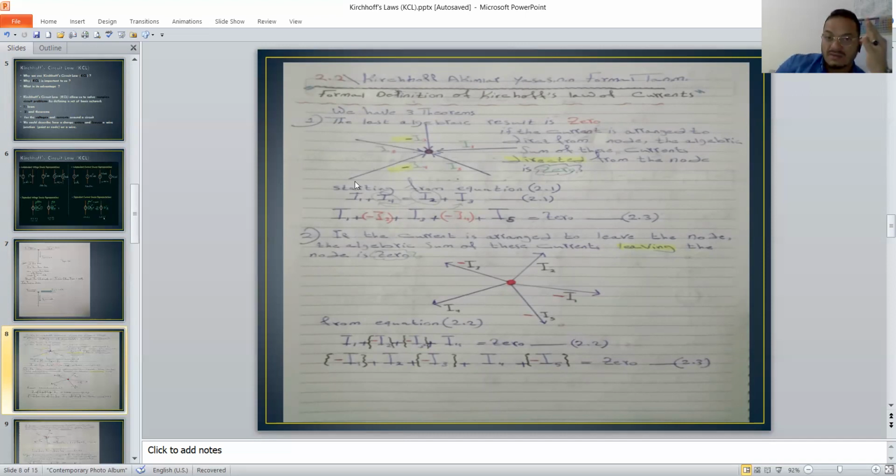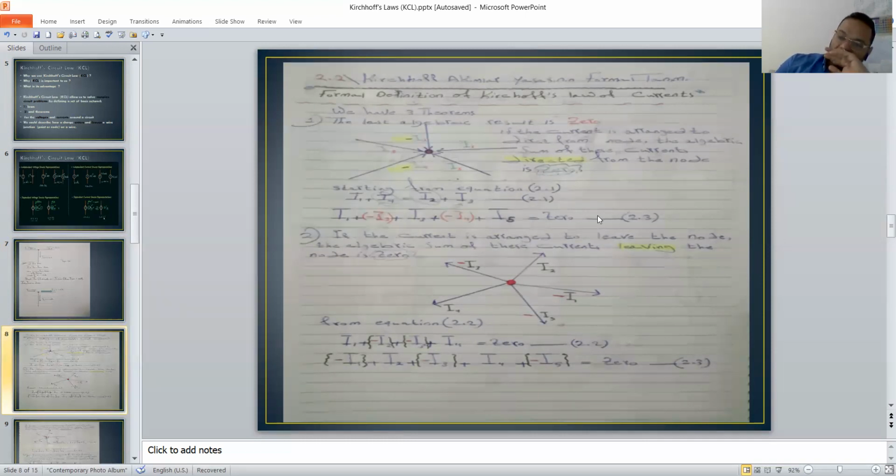We have 3 theorems, like I said before. Number 1: we are dealing with many currents, all of them going directly to the node. Depending on equation 2.1, we can say I1 plus I4 equals I2 plus I3.